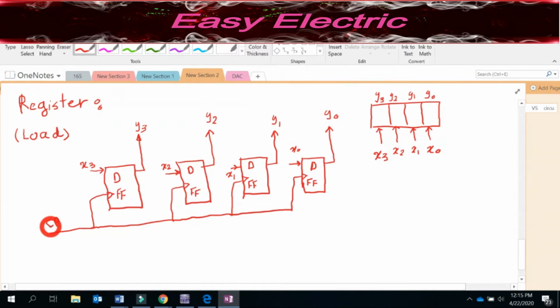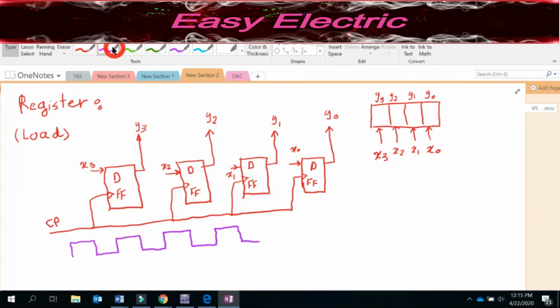If I explain what really happens here, the clock pulse has a square wave. So I'm going to have one clock pulse here. This is the rising edge.